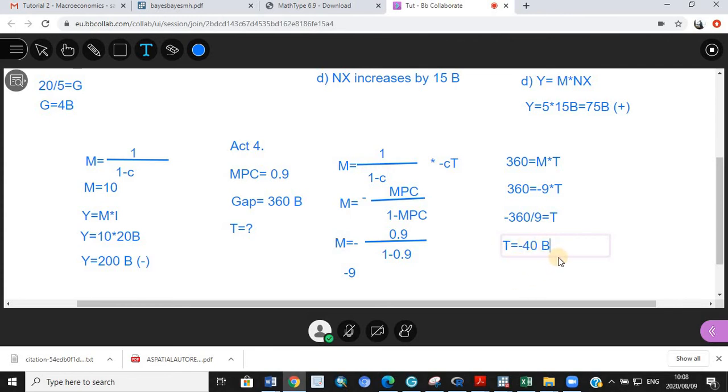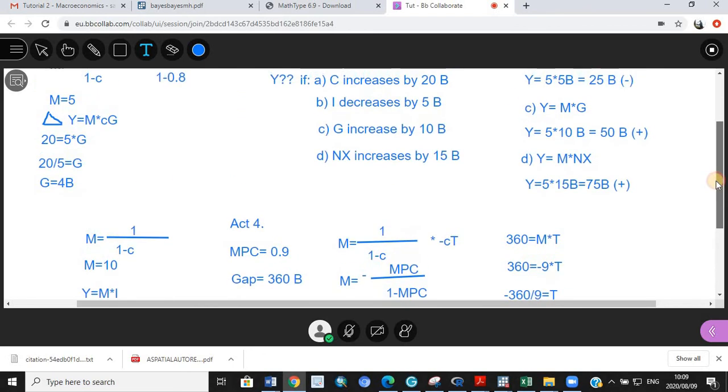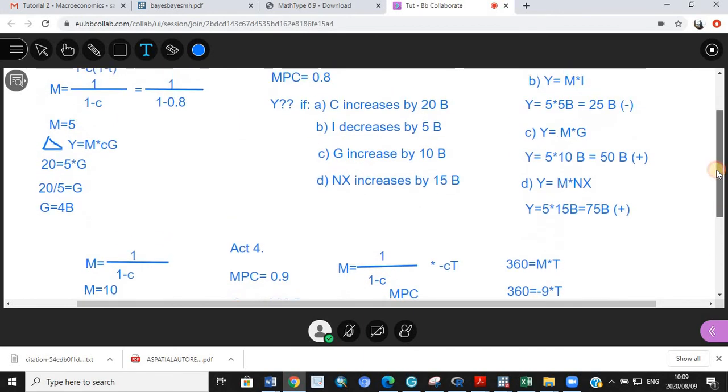If they are willing to give a tax relief to people, and the amount of tax relief given totals 40 billion, we are going to close this gap. Why? Because people are going to consume more and invest more, because their income is quite good, since they're not paying as much tax as they would if there was no tax relief. Very good.